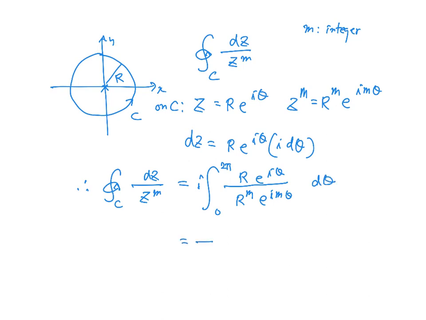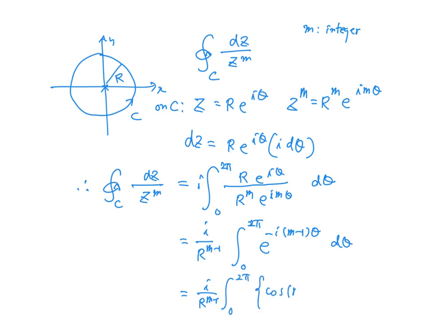So r to the m plus 1 times i, integral from 0 to 2 pi of exponential i (m plus 1) theta d theta, which is cosine (m plus 1) theta plus i sine (m plus 1) theta d theta.